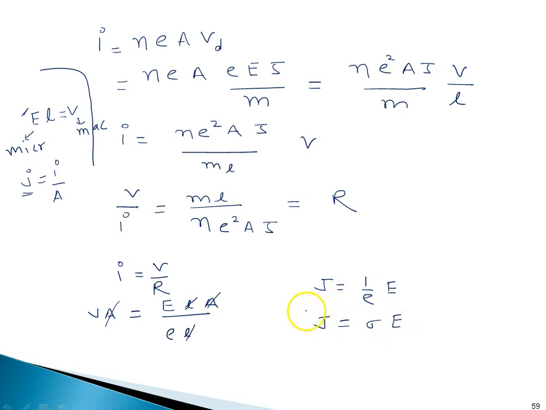So J is sigma E. This is known as the microscopic form of Ohm's law. And what is the macroscopic form? V equal to IR.